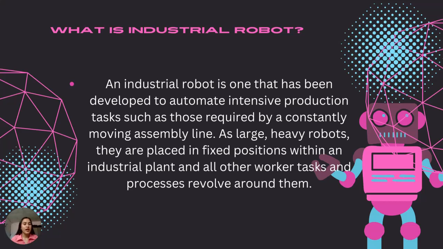As large, heavy robots, they are placed in a fixed position within an industrial plant and all other worker tasks and processes revolve around them. So the characteristics of industrial robots will vary according to the manufacturers, the needs, and the scenario in which they are to be located.